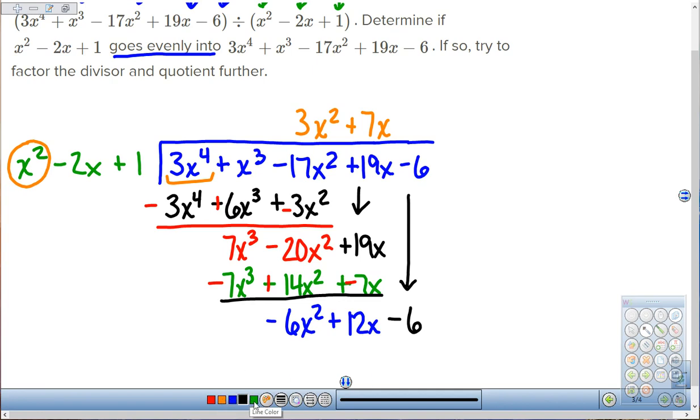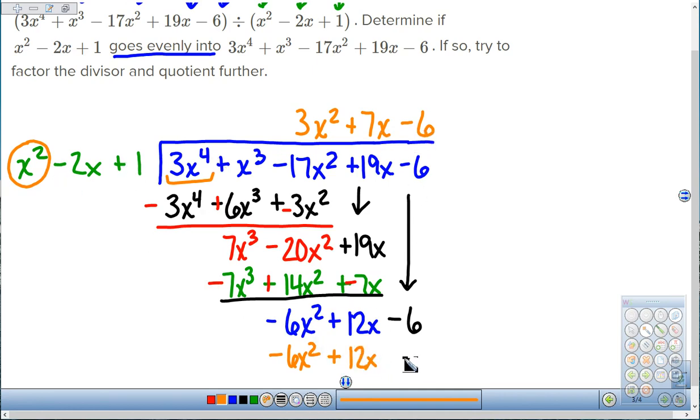Last process then. How can I multiply x squared to become negative 6x squared? Hopefully you realize that that answer is negative 6. Negative 6 times x squared gives me negative 6x squared. Negative 6 times negative 2x, positive 12x.